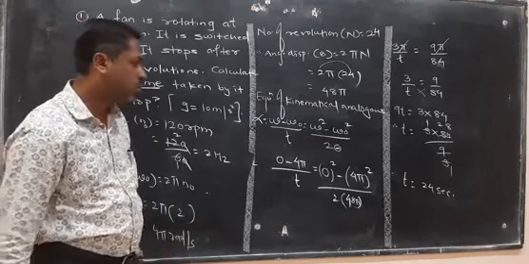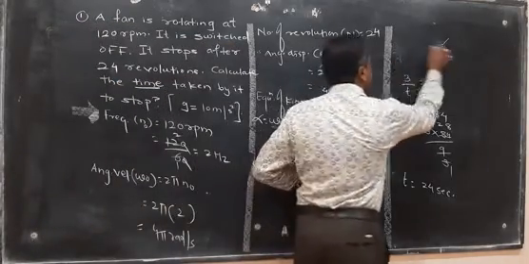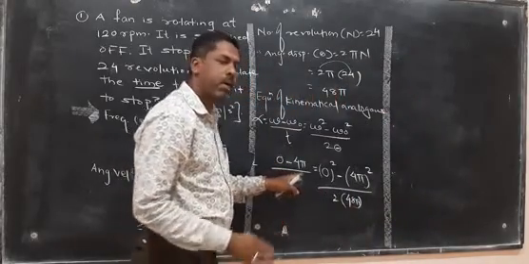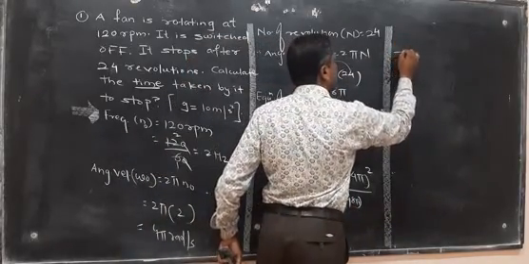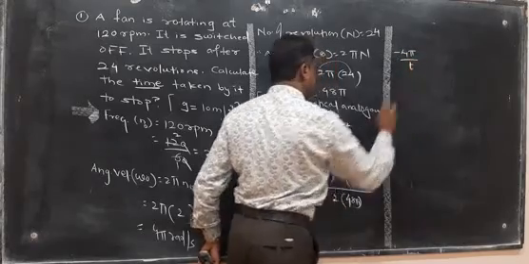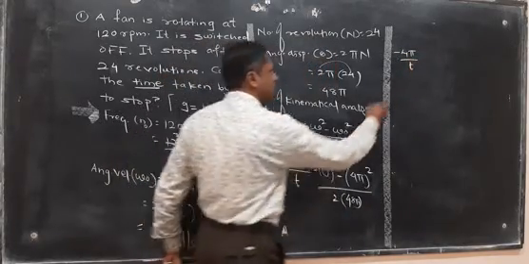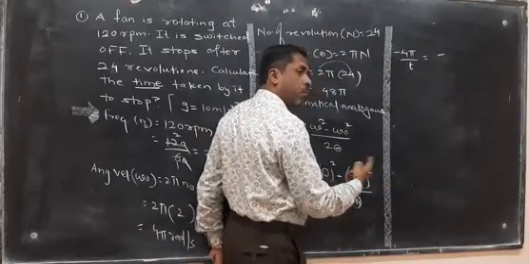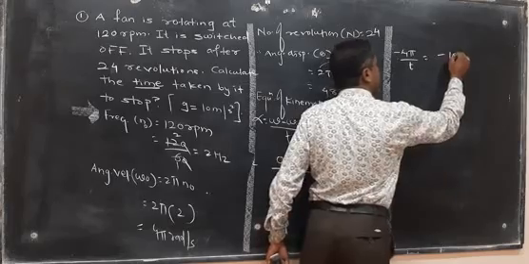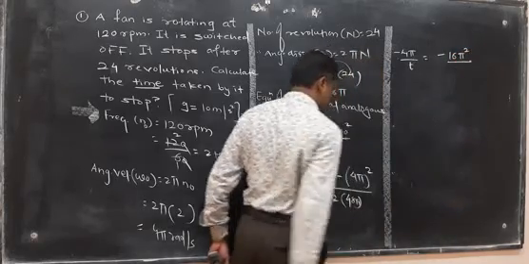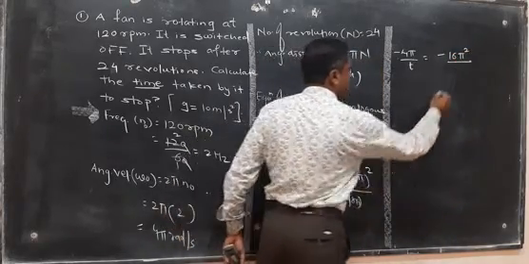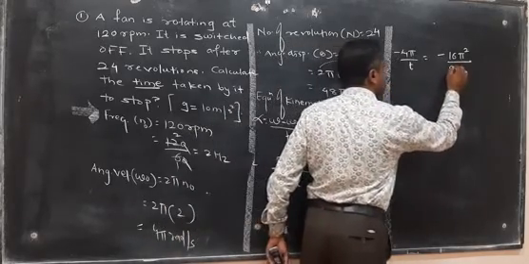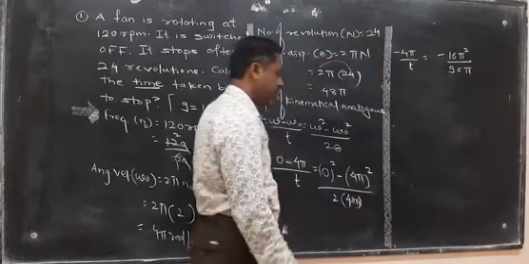Now we have put in the values. What happens? Watch it carefully. 0 minus 4 pi upon time t is equal to 0 minus 4 pi square, it is 16 pi square, to the denominator. 2 8s are 16, 2 4s are 8, plus 1, 96 pi in the denominator.